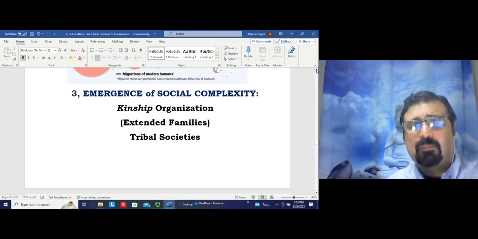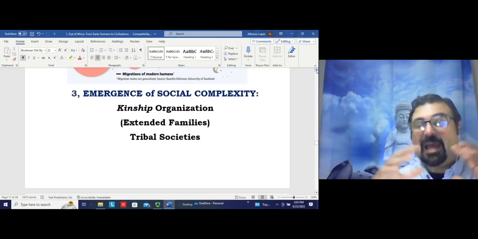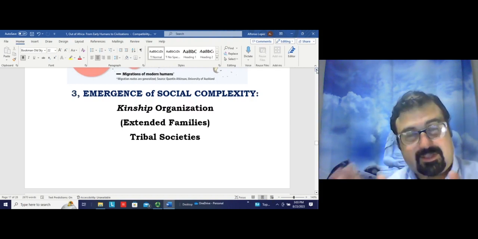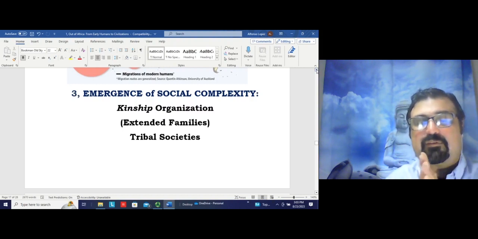So society is becoming more and more complex. This is no longer a simple band. Now we're talking about a sedentary society. It is significantly large, but still the family forms the basis of society. This is very important.